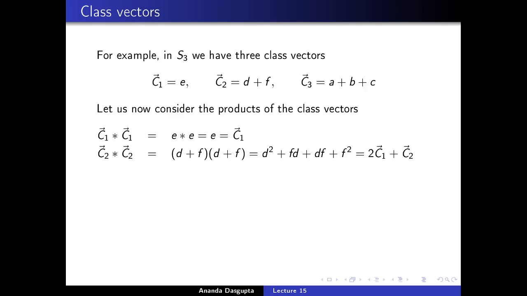Now let me draw your attention to the fact that this being an algebra multiplication, there is a basic difference between this and multiplying two classes as you would multiply subsets of a group. We had already described how to multiply subsets of a group earlier, but there the result would have been a set. Then multiplying the set containing D and F with itself would have given you the set containing D and F in union with the set containing the identity.